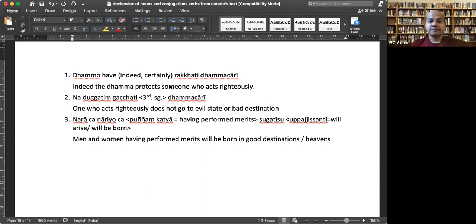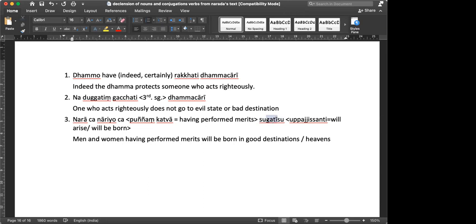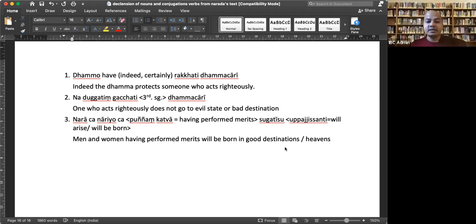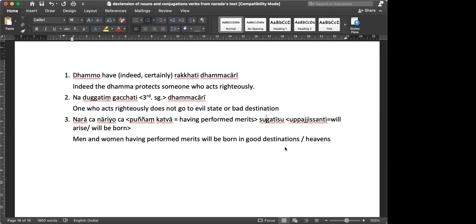Good destinations or heavens means higher realms. Sugati literally means good destination: su meaning good, gati is destination. Are you familiar with the word Sugata? Sugata means well gone.